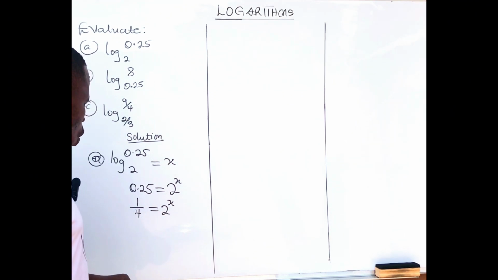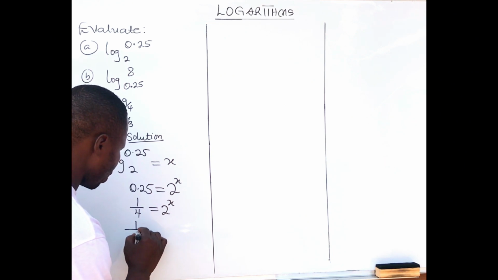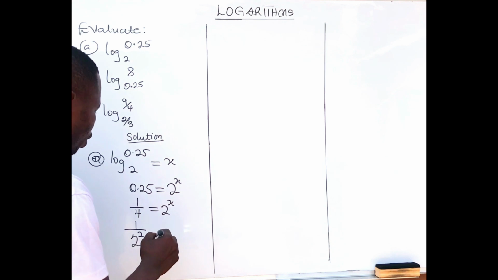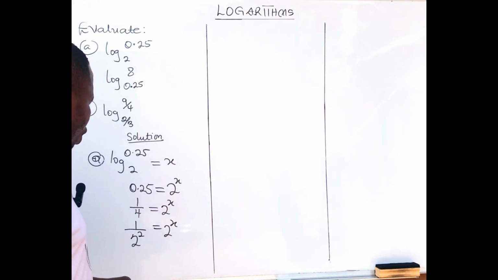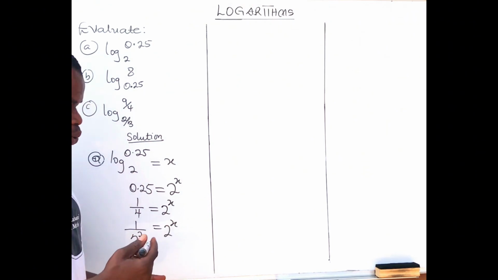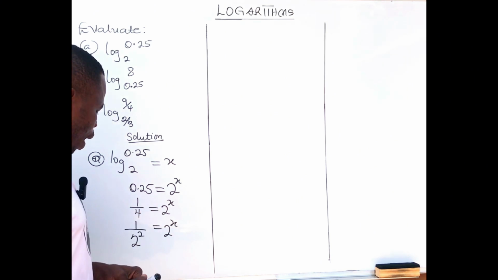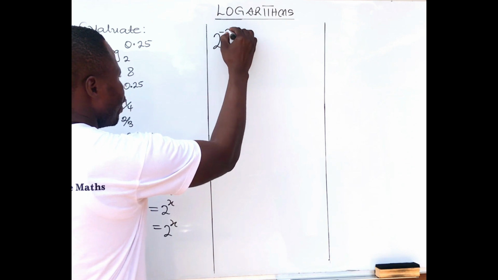And 1 over 4 is the same thing as 1 over 2 exponent 2. You know that 2 squared is 4. And this will be equal to 2 exponent x. I will now take the reciprocal of 1 over 2 exponent 2, and by taking its reciprocal, it will now be 2 exponent minus 2.